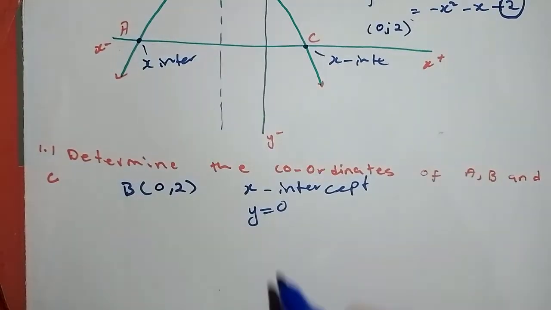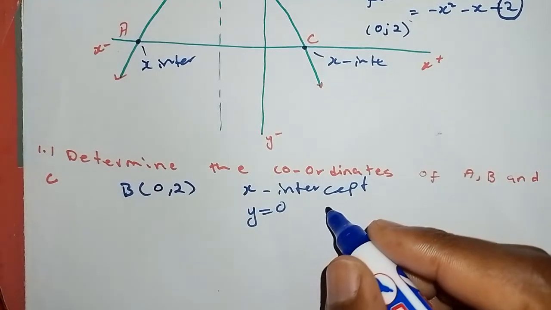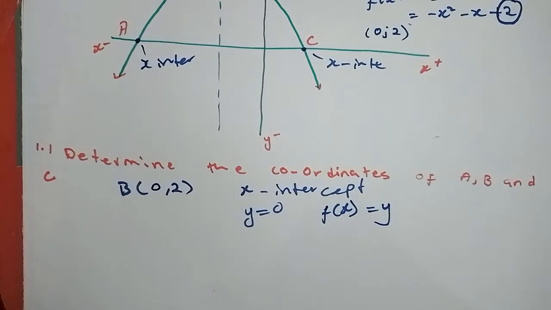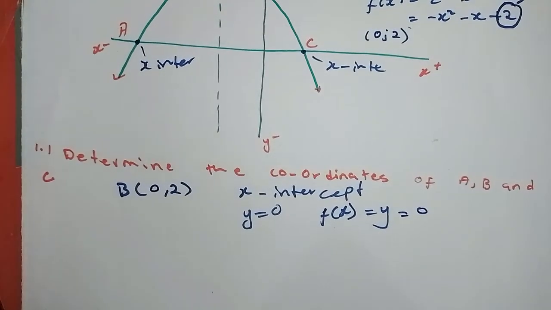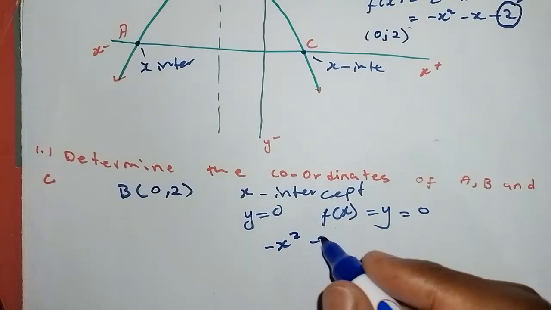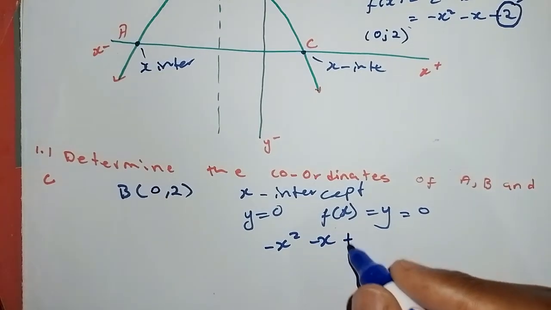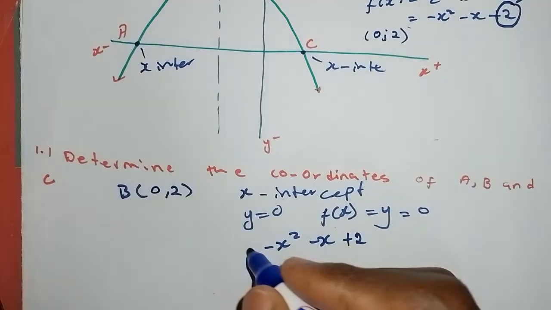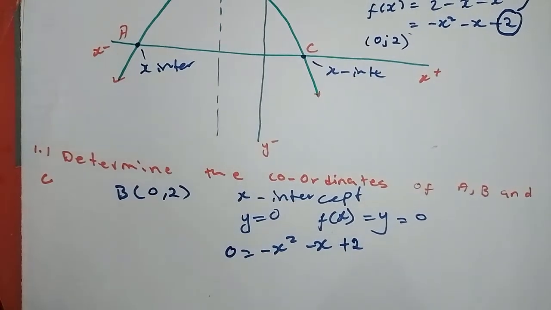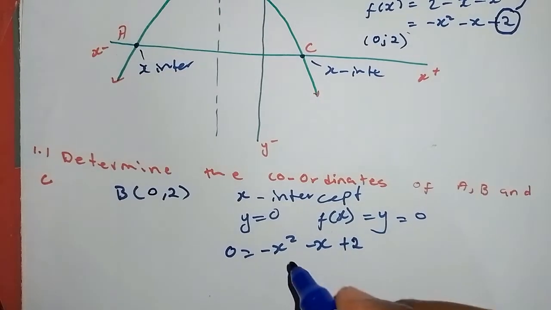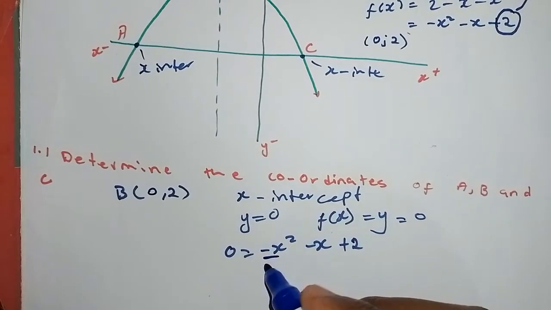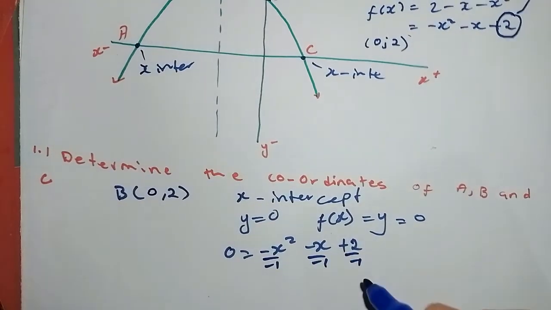Then what am I going to have? I know that f(x) is similar to y, and y in this case is 0. So from here I can say negative x squared, negative x plus 2, and because I had y here, I can substitute y by 0. Then let me remove this negative by dividing by negative 1.